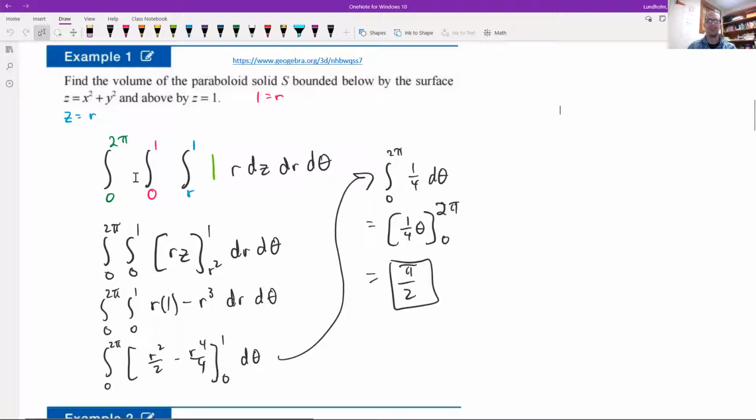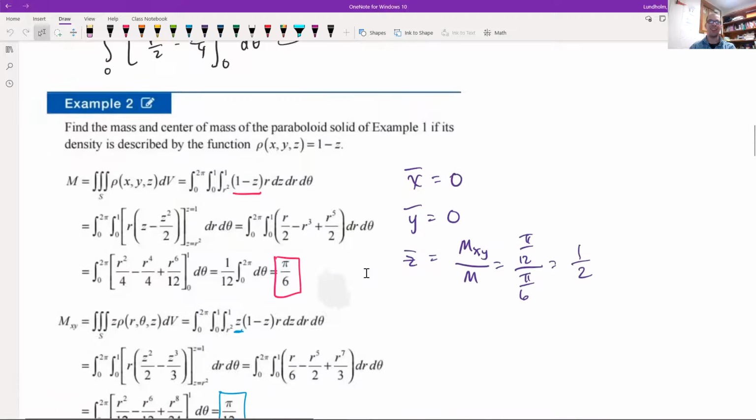Then you just go through the motions of the inner integral first, then the middle one, and then the outer integral last. And eventually you get to pi over 2. If you want to pause and look at any of those details, feel free to. But I think that's good for now.